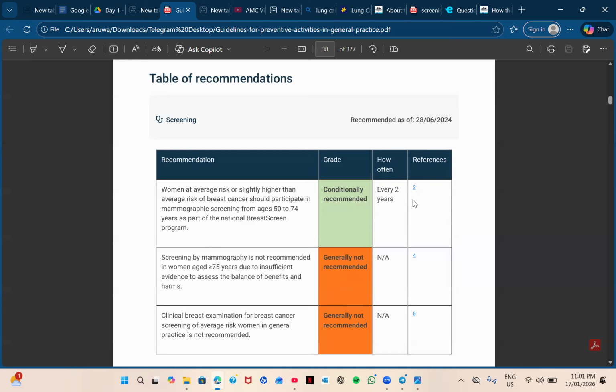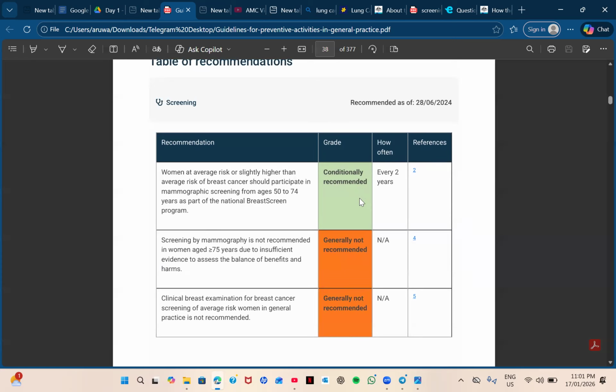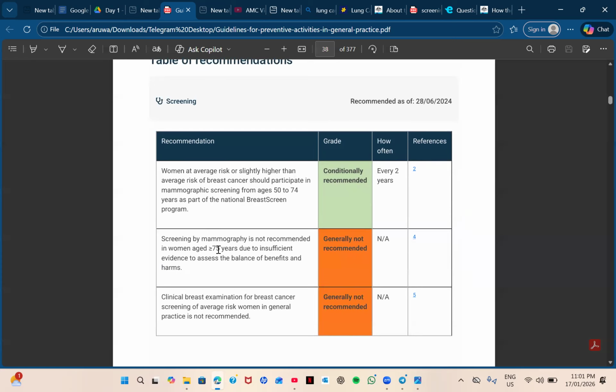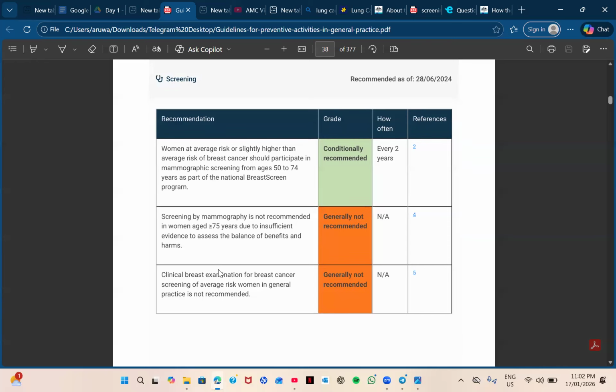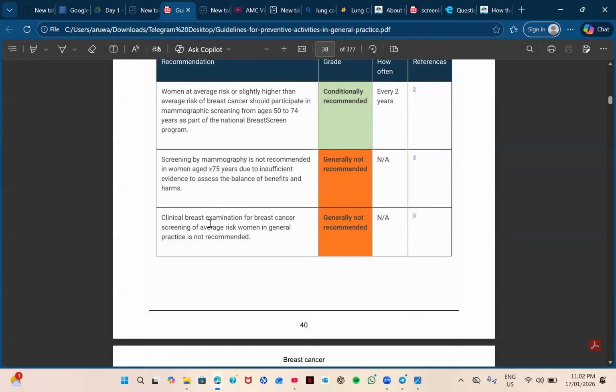Then we have to do the mammogram every 2 years. Screening by mammography is not recommended in women aged 75 or more, due to insufficient evidence to assess the balance of benefit and harm. Clinical breast examination for screening of average risk women in general practice is not recommended.